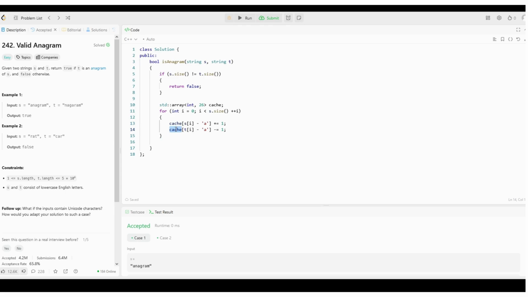We said that if any value in the cache is non-zero, that means T can never be an anagram of S. But if all the values in the cache are 0, that means T is an anagram of S, right? So next let's check that.